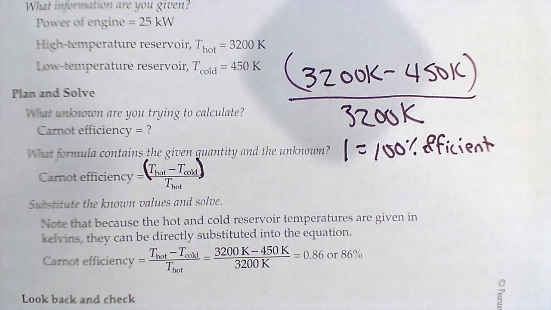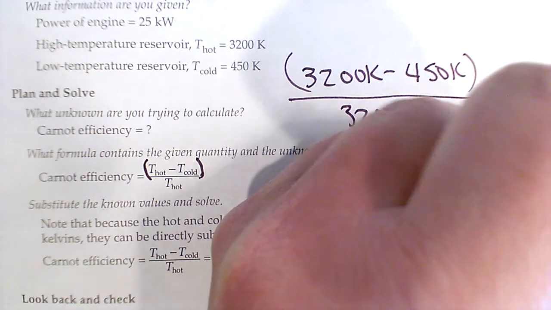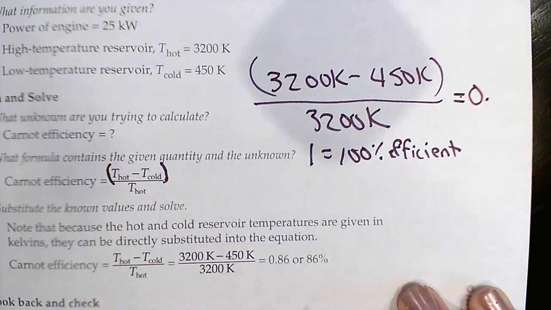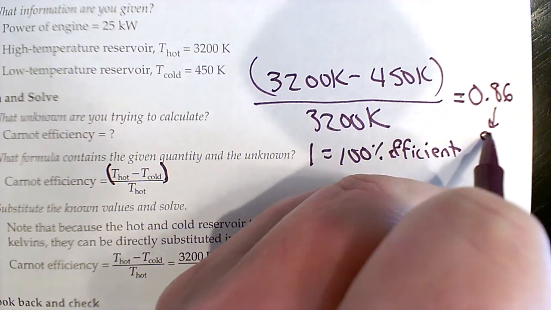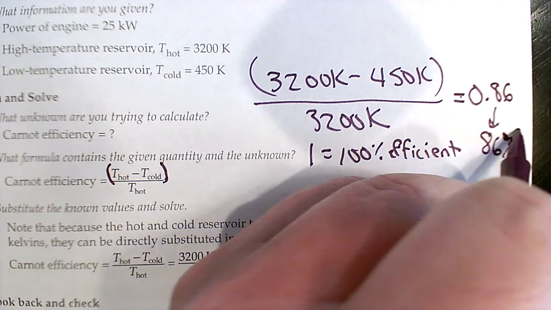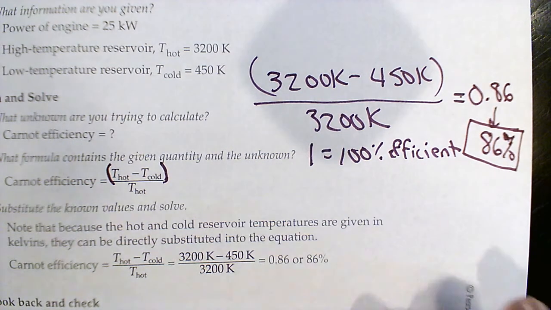So we go back and put in parentheses around the subtraction part of the equation, and then we get 0.86, which I would probably write as 86% efficient.